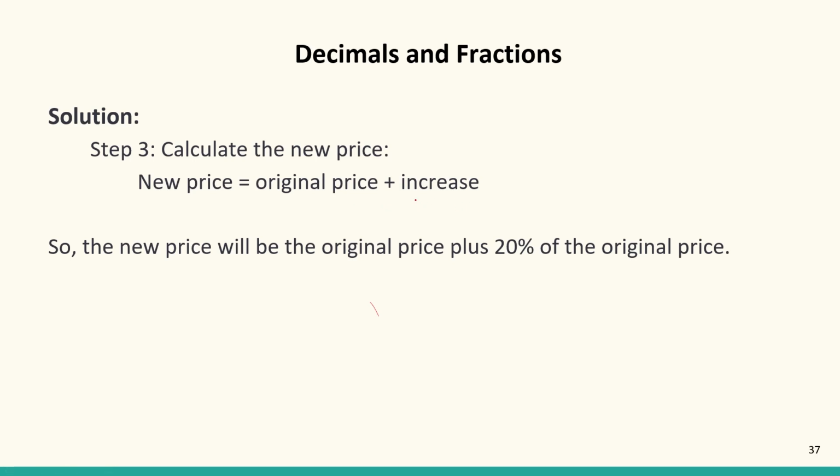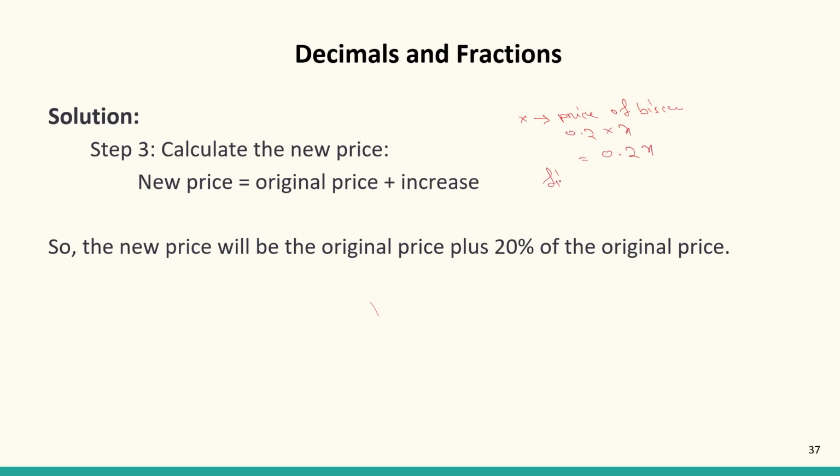What we got was, if x is the price of the biscuit before the increase, and the increase was by 20%, so 0.2 into x, that is 0.2x.